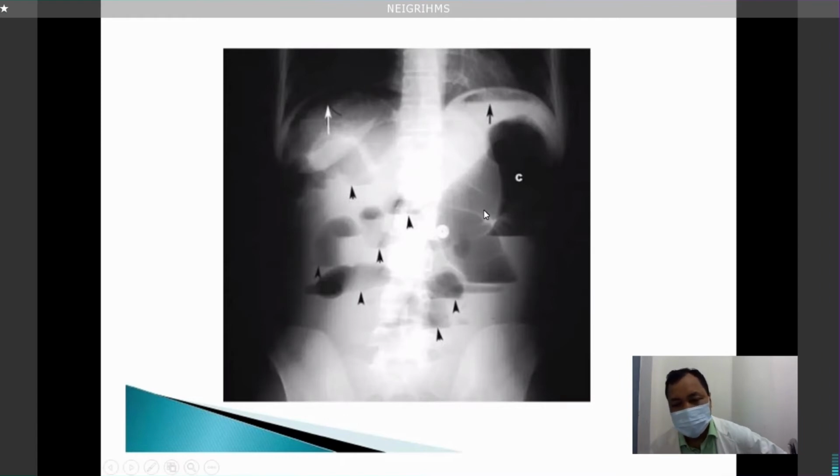Here, if you can see, these are the valvulae conniventes, which are grossly dilated. This is more or less circumferentially placed. So if it is haustration, then they'll not be covering the whole circumference of the bowel lumen, and you'll be able to appreciate the proximal part also.